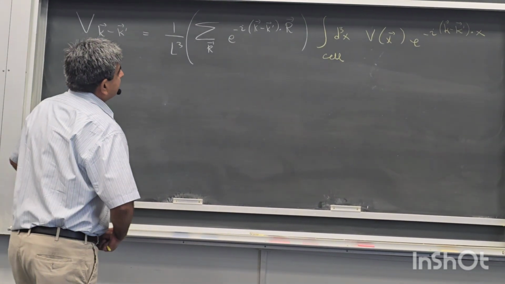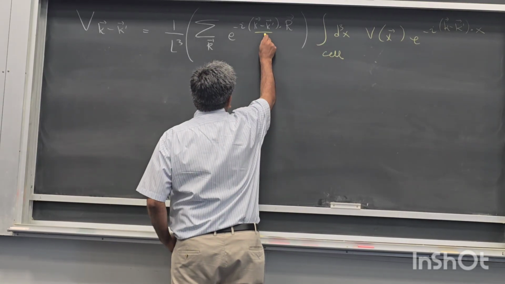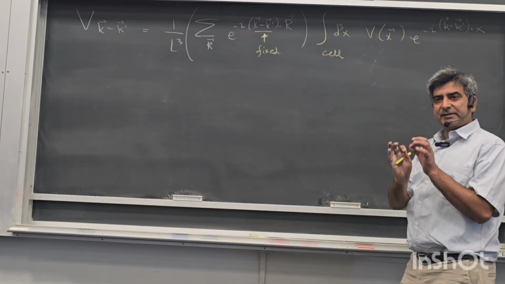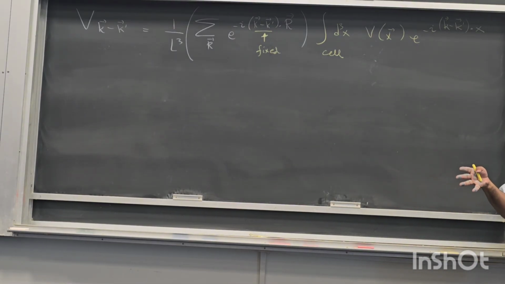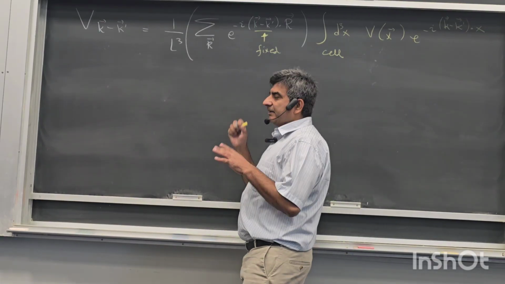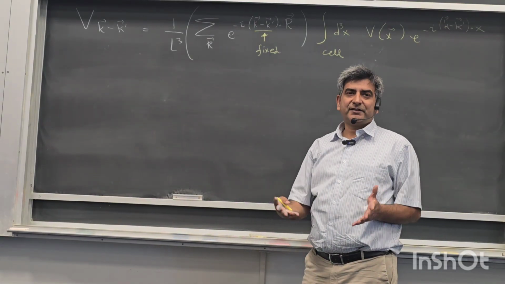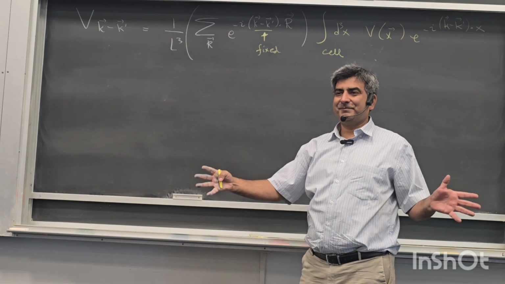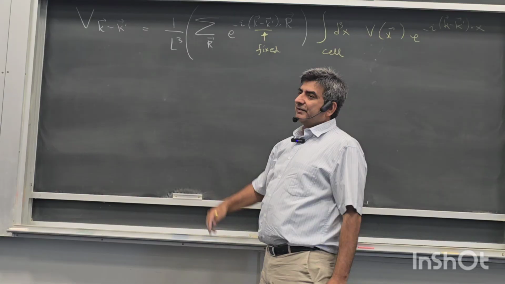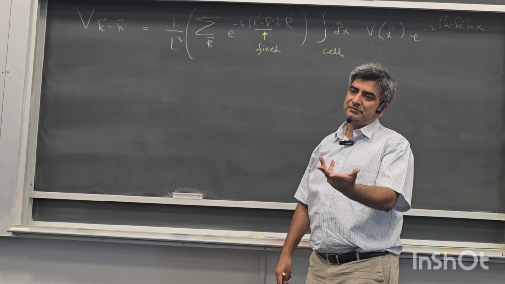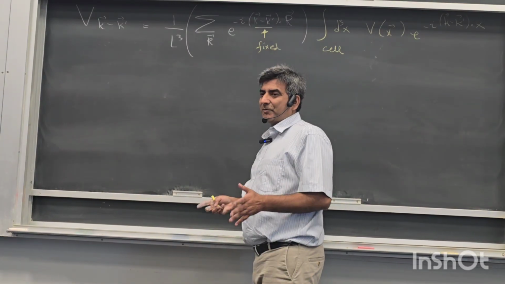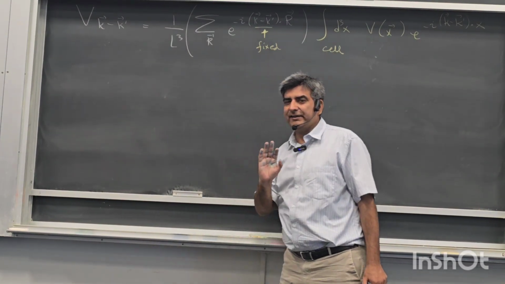Now this is some fixed vector. There is no integration over k prime. This is just some fixed k minus k prime. But this R can be anything. It encompasses all positive and negative translation vectors, all of them, so that the entire space is filled. So this sum is always 0, only under the condition that this term turns out to be 1, which means that this factor is a multiple of 2 pi.